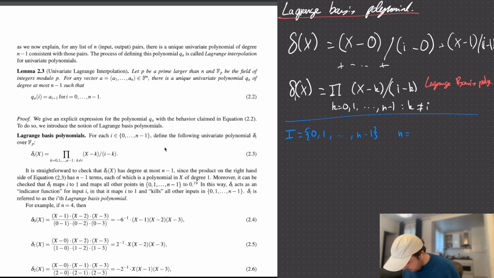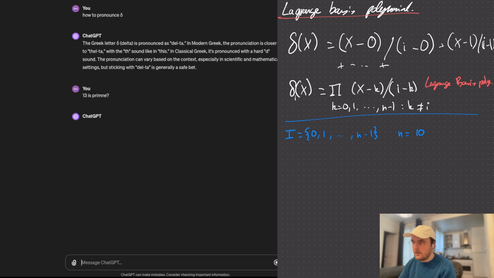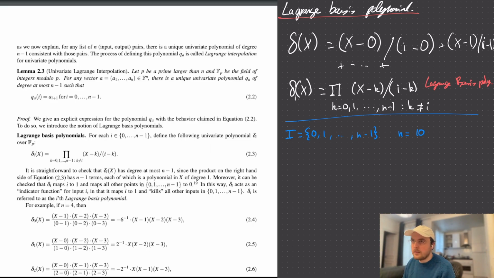Let's say n equals 10... 13 is prime, right? Yeah, I'm almost sure, but yes. Phi equals 13. I just don't want to mess up my own calculation for a stupid mistake like this.